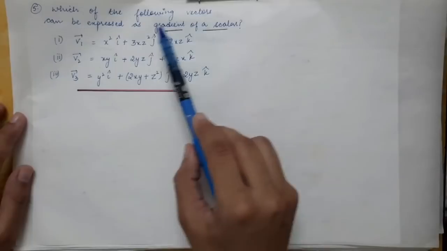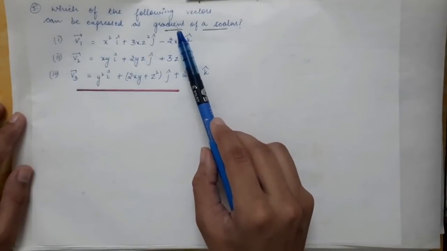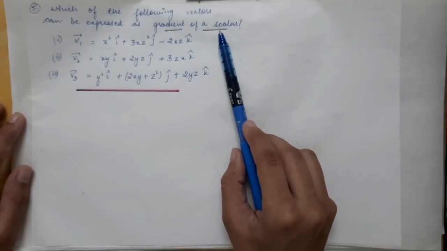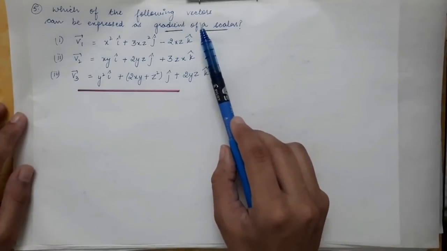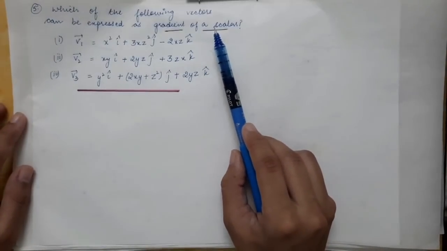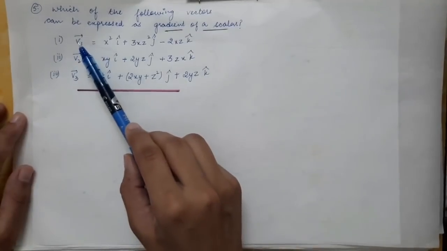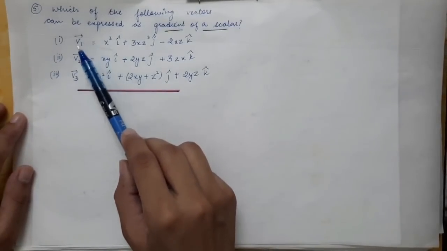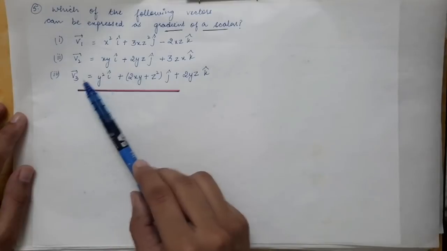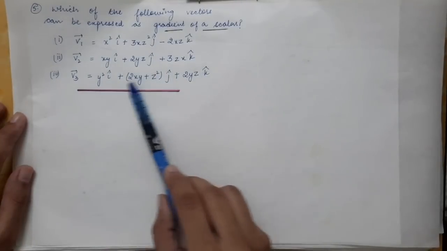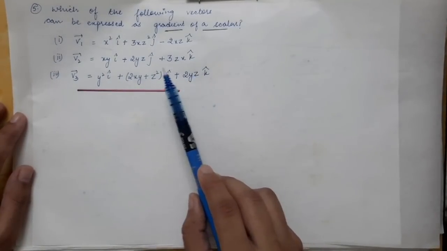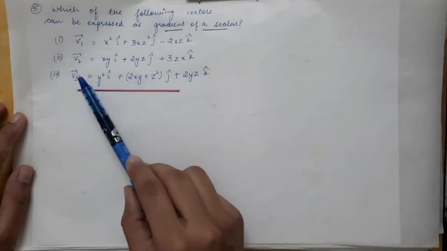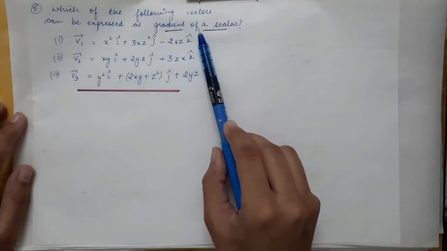Any vector field can be expressed as a gradient of a scalar function if its curl is 0 at every point. So we have to find which of these vector fields, that is v1 vector, v2 vector, v3 vector, can be written as gradient of a scalar, and we are given the expressions of these vectors.